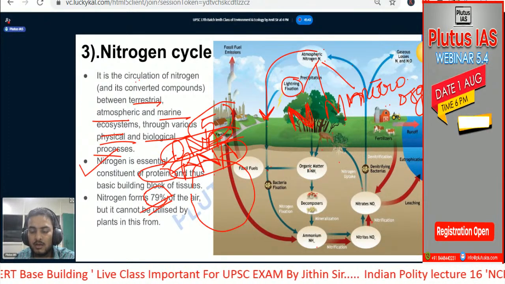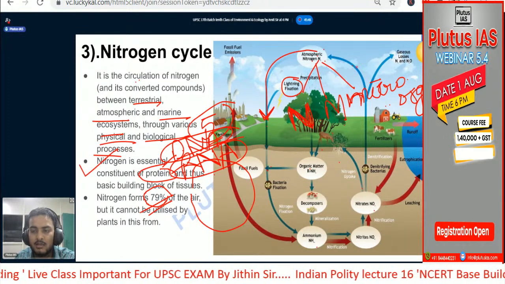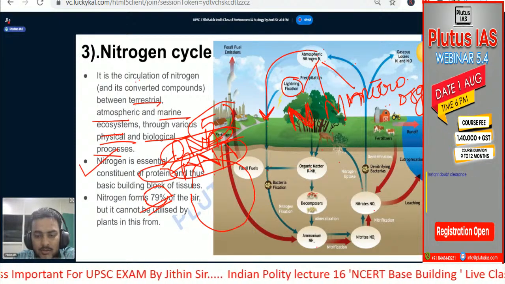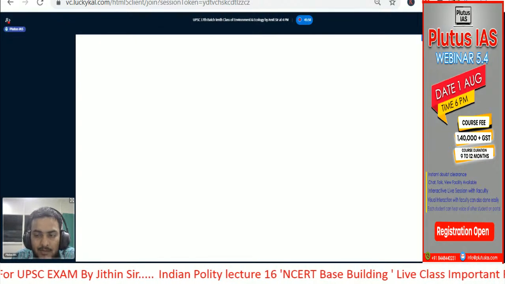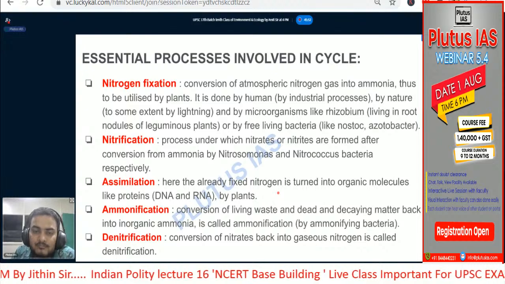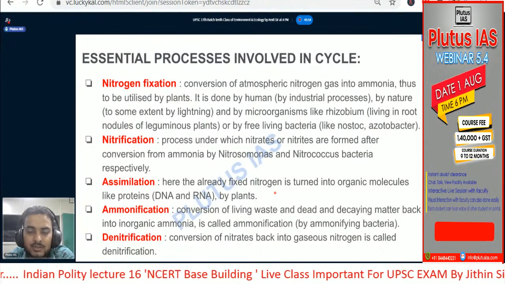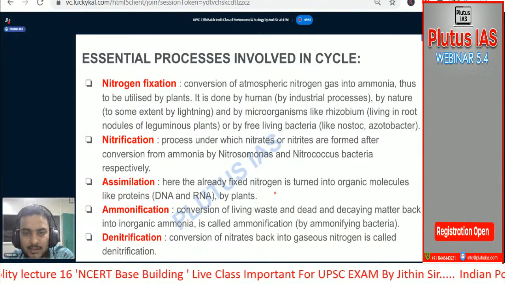Denitrification leads to formation of N2O, released again to the atmosphere. Now I will come to each process one by one. These are the essential processes involved in the nitrogen cycle.